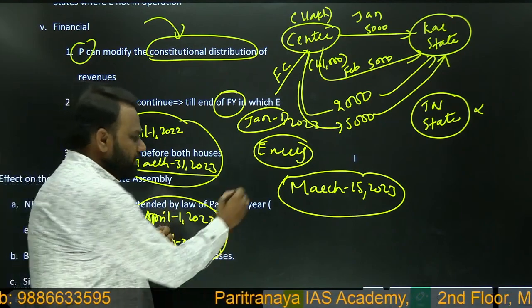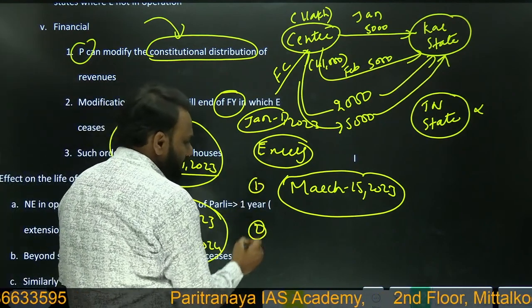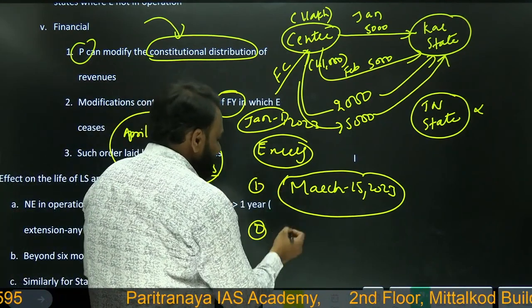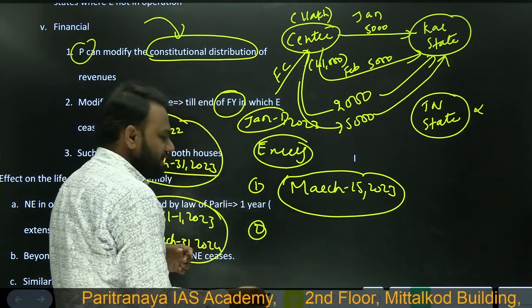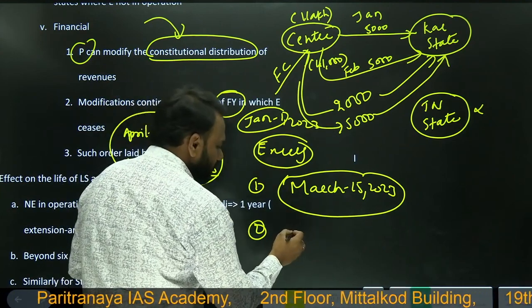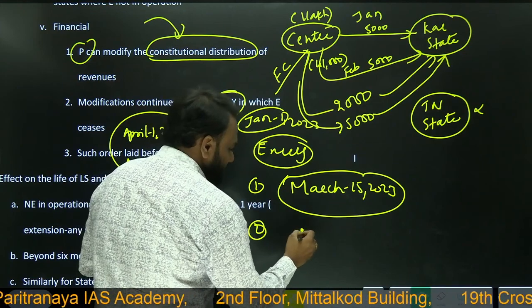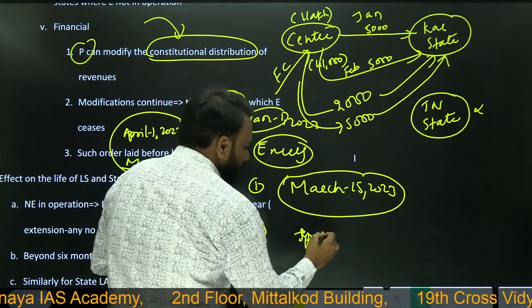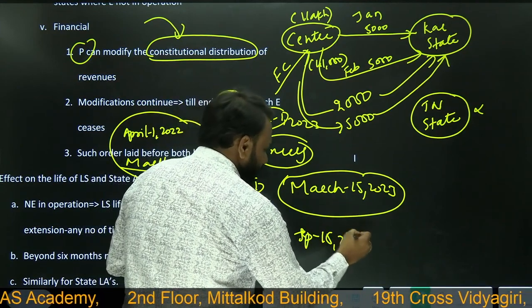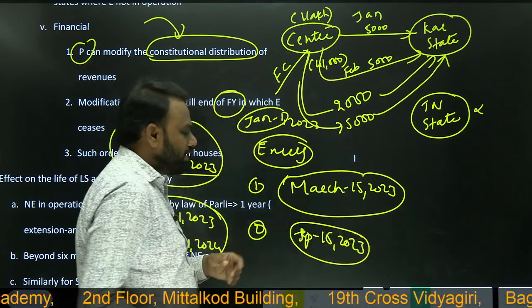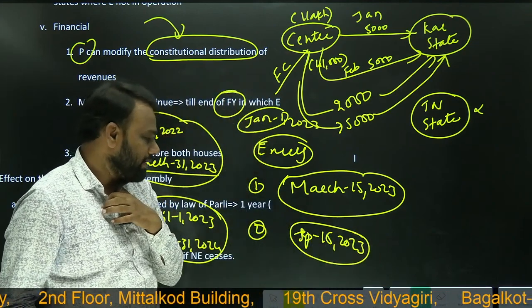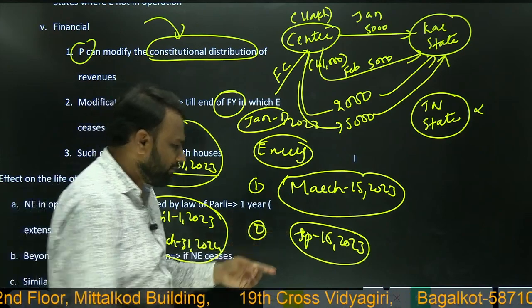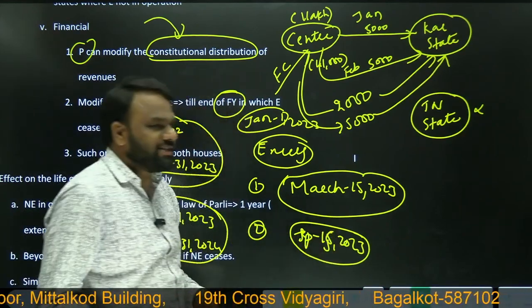Another scenario, this is the first case. Second case, what I will take. So the emergency will cease in the month of September. Let us assume September 15, 2023, national emergency ceases to operate.